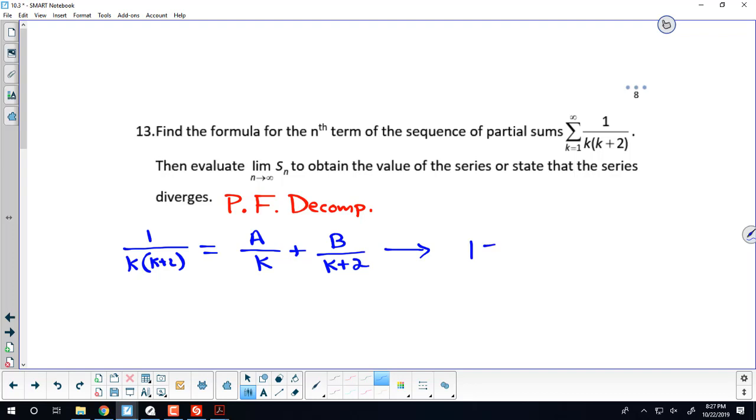So we have 1 equals A times k plus 2, plus Bk. So if k is 0, then we have 2A equals 1. If k is 0, 2A equals 1, or A equals 1/2.